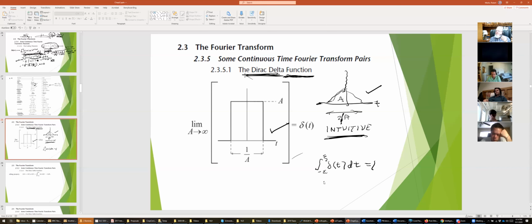So let me ask you another thing. What do you think the integral from minus c to c of delta squared is? Anybody take a hazard guess? Still just 1?